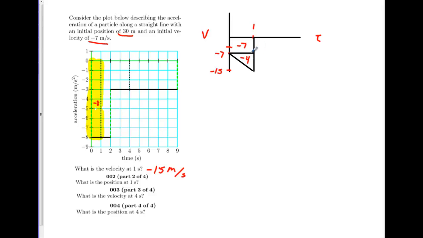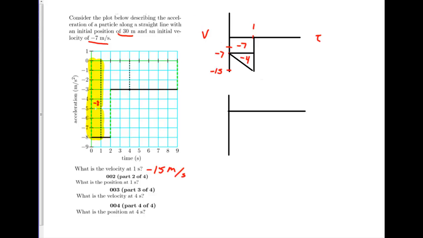Alright, so from this, we're going to go ahead and draw our position versus time graph. Let me get a different one here. And we're going to start here.